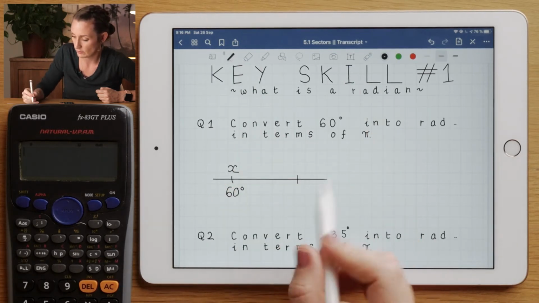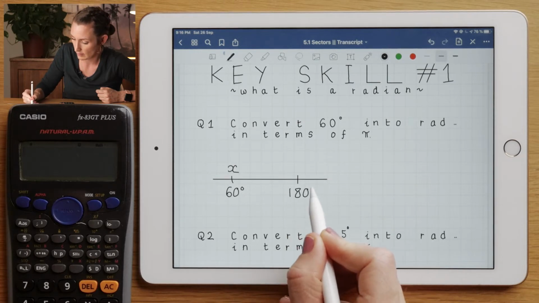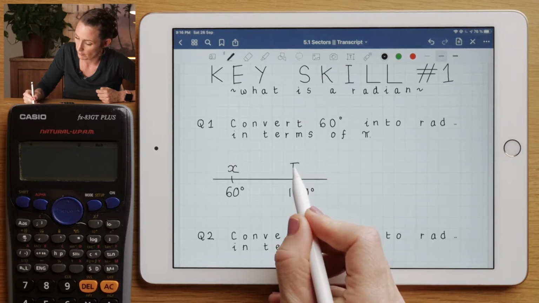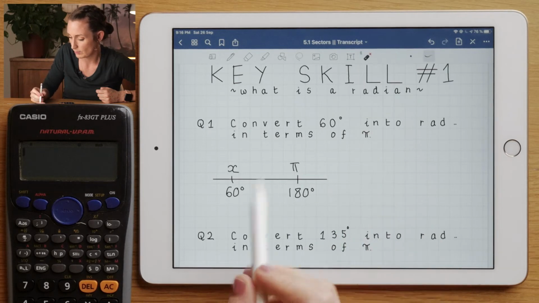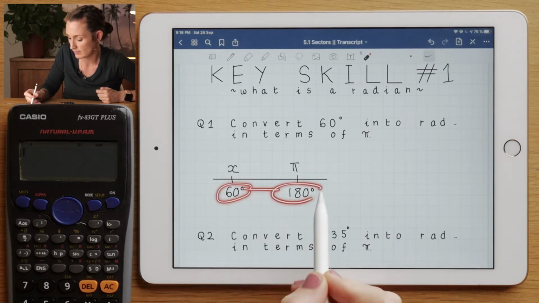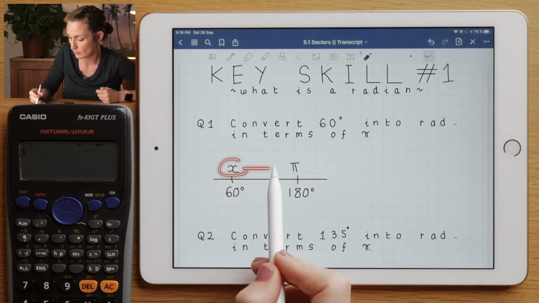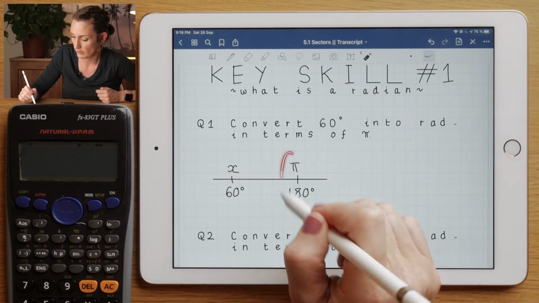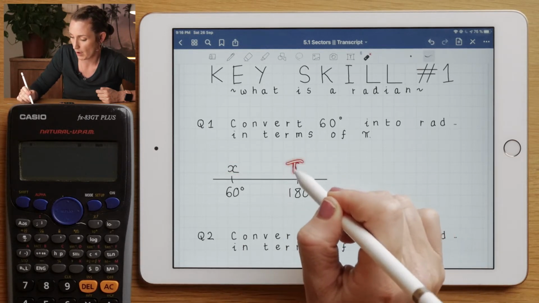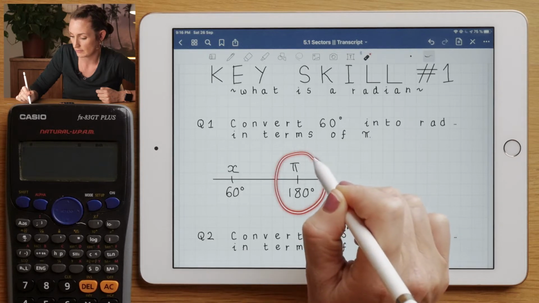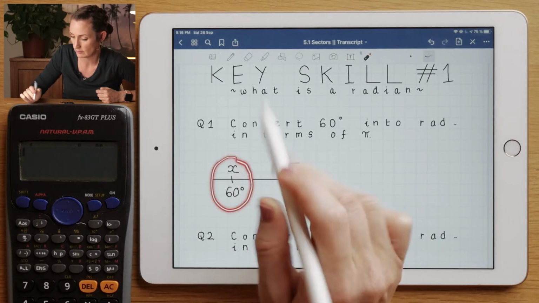Now you're always going to use 180 degrees is equivalent to pi radians. Degrees should be on the same level as degrees, and radians on the same level as radians. This direction you would put pi and 180 because they're equivalent, but we don't know what x is equivalent to.